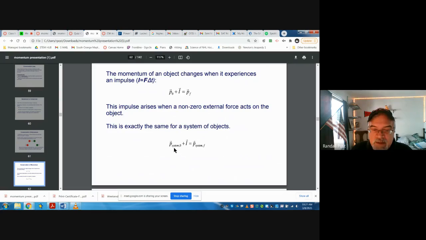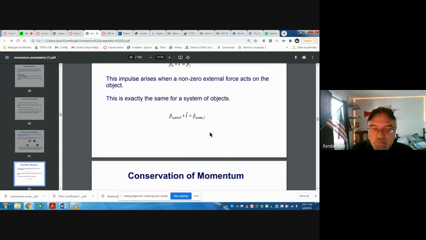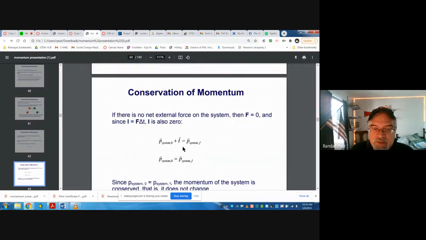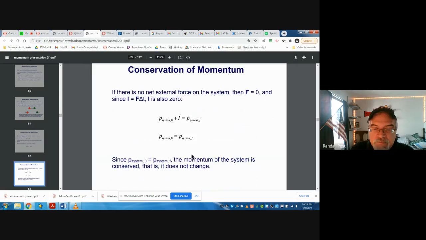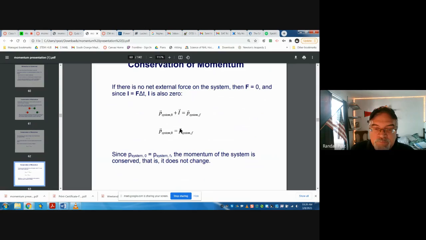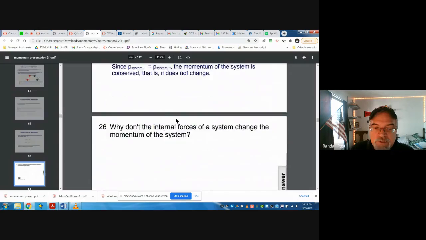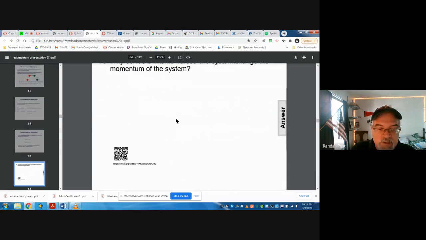We will get the momentum of the system before is equal to the momentum of the system after. Okay, so this could be 0, and they could be before and after being equal. Okay, keep in mind that this impulse has to be 0. All right, let's keep going.